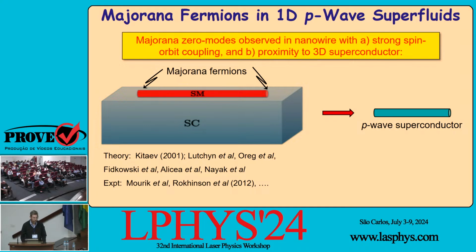We have P-wave superfluids in helium, but that's it. And so what he wanted to do is to use the proximity effect on a 3D superconductor shown in blue, and effectively then he showed that this was a P-wave superconductor, and the Majorana fermions might exist at the end of the wires.